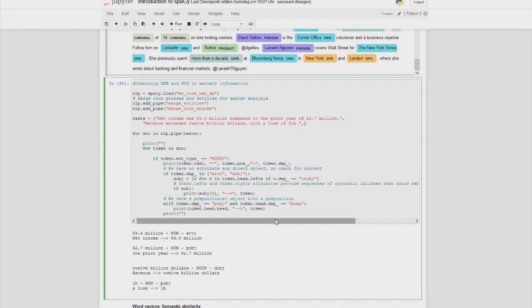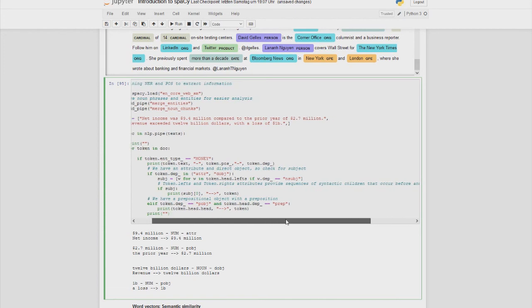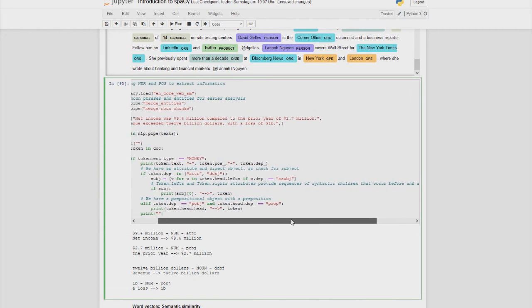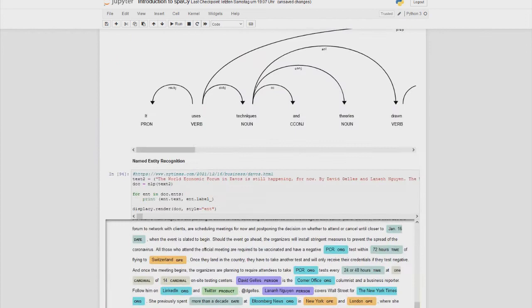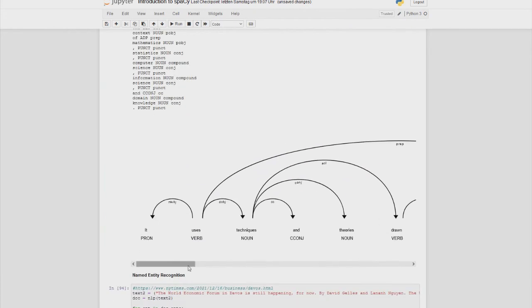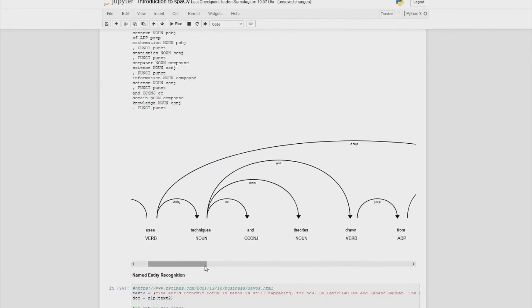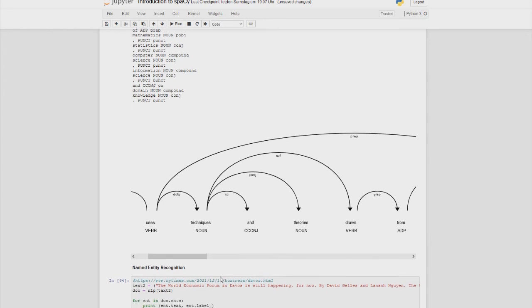We can now go beyond the first dimensional dependency. So if you envision this graph from before where we had these arrows that link the individual tokens together, there's always only a one-dimensional relationship. And with this command .lefts, we can move further in these different arcs of the tree.